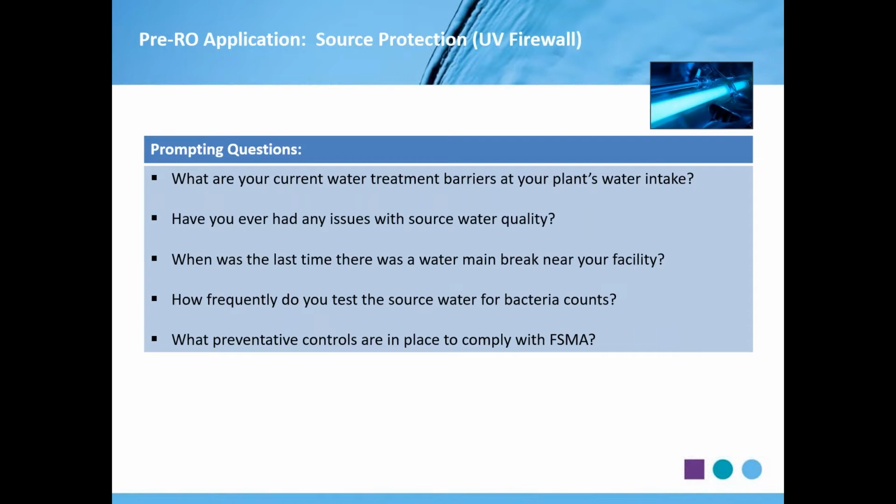You might want to look at what other water treatment barriers are present at the intake of the plant. Have there ever been any source water issues in your area? How often do you test for bacteria coming into your plant? Things like that might give you a good indication of whether UV as a firewall might be a good application.